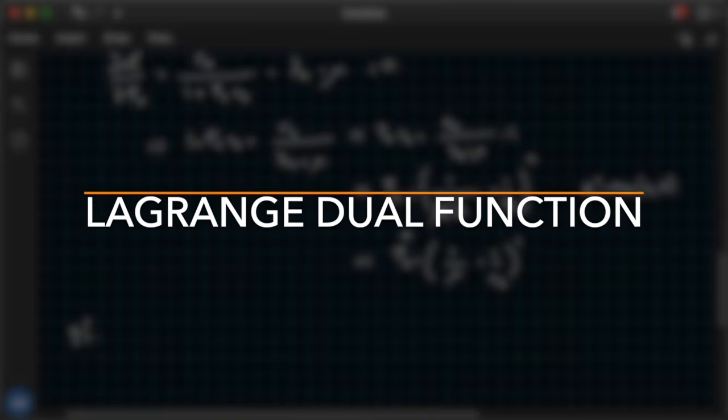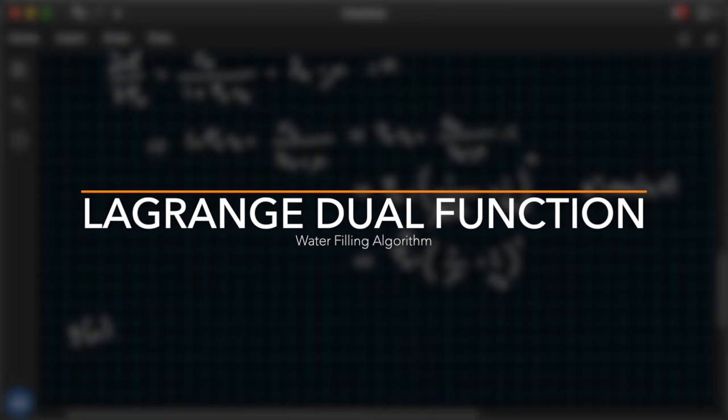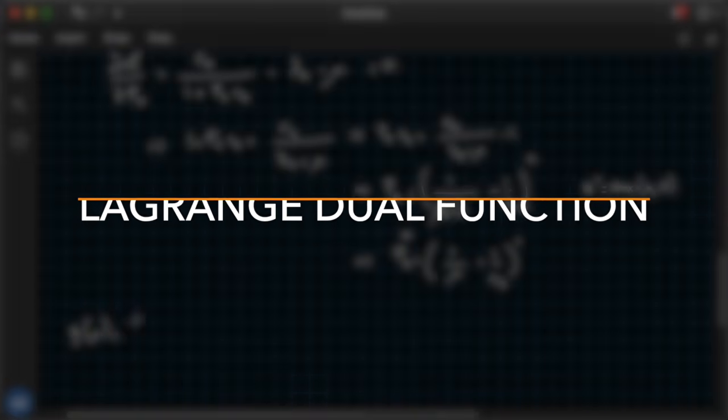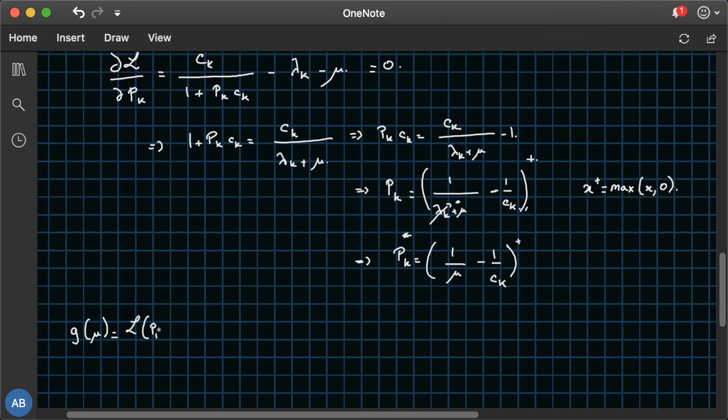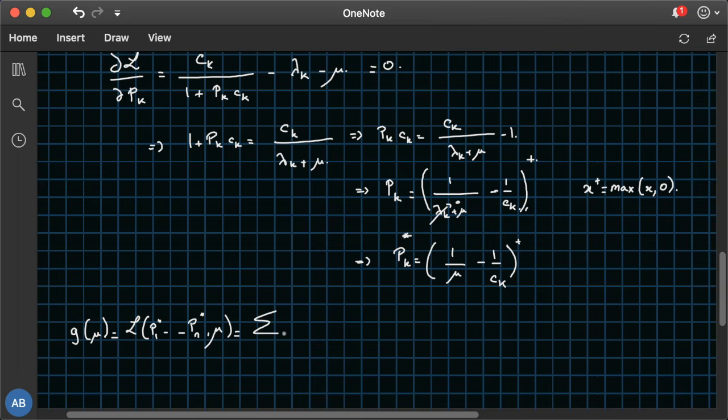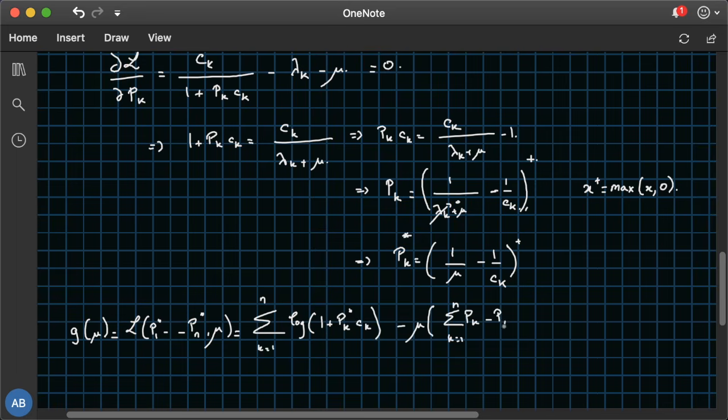So my g of mu now, we don't have lambdas, is just L of p1 star down to pn star and mu. That is the sum of 1 plus pk star ck, minus mu times the sum of pk star minus pt.